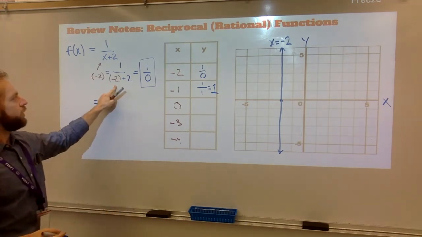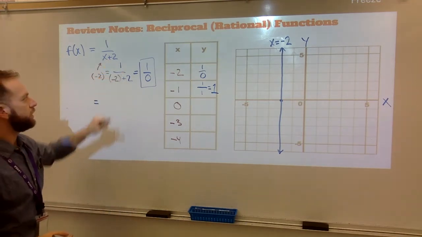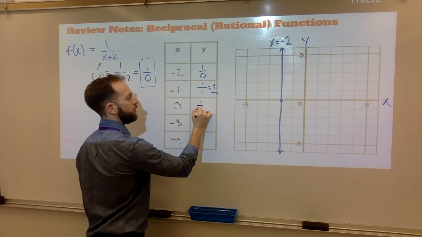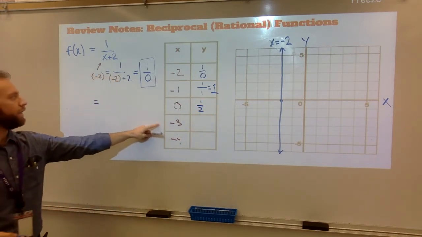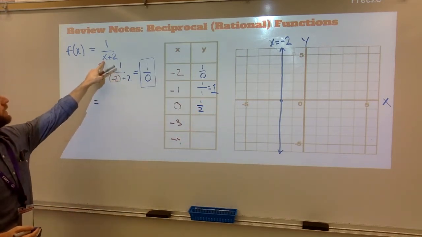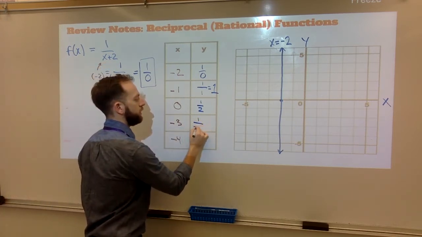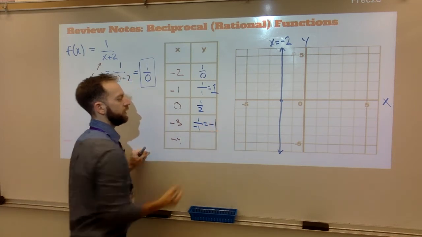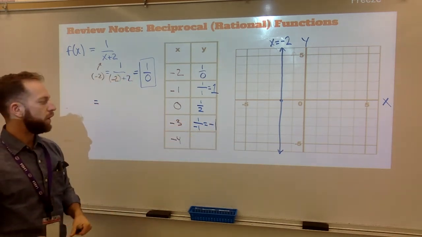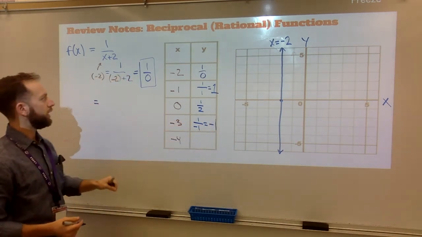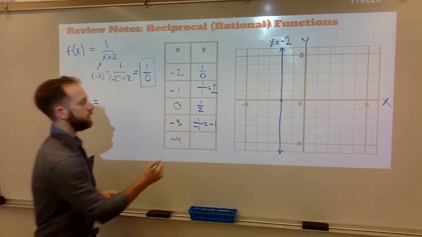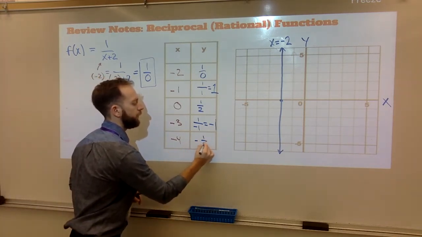When you plug in a 0, you'll get 0 plus 2, which is 2, so you'll get 1 over 2. When you plug in a negative 3 for x, you'll get negative 3 plus 2, which is negative 1, or just 1 divided by negative 1 is negative 1. And lastly, when you plug in negative 4, you'll get negative 2 on bottom.